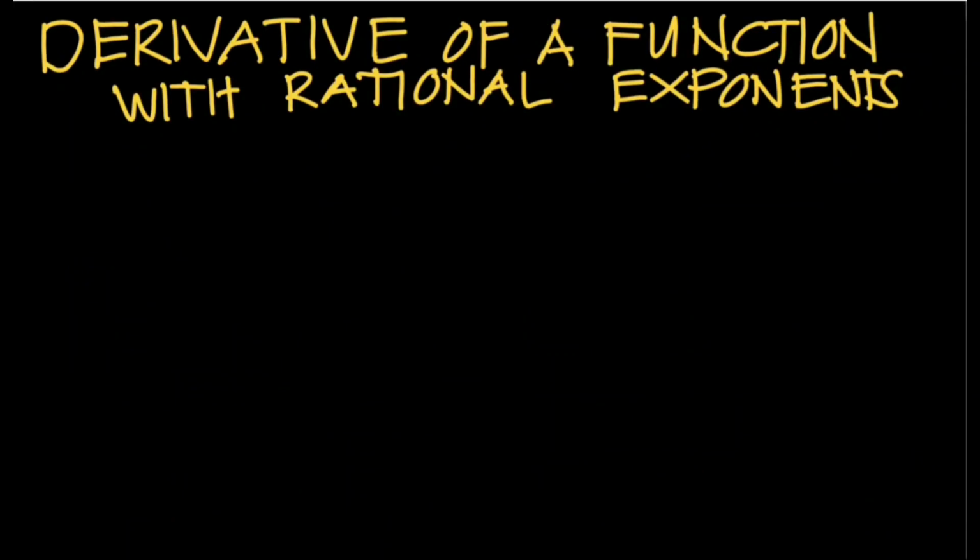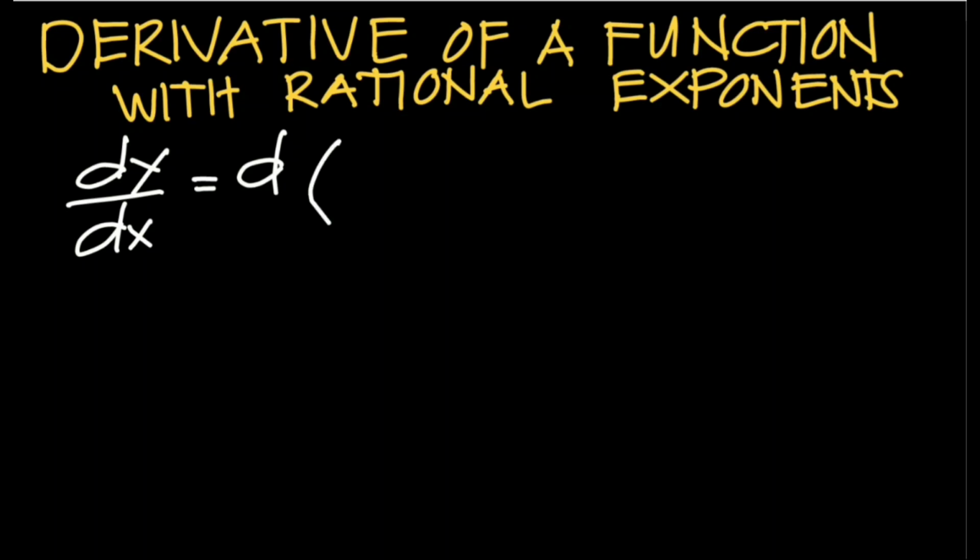Now let's discuss the derivative of a function with rational exponents. So this can be done by using the formula dy over dx equals the derivative of a function with rational exponent, let's say x to the 1 over n, with respect to x.